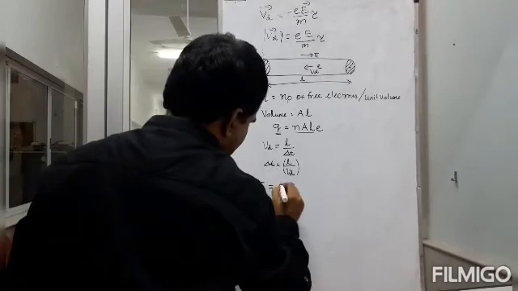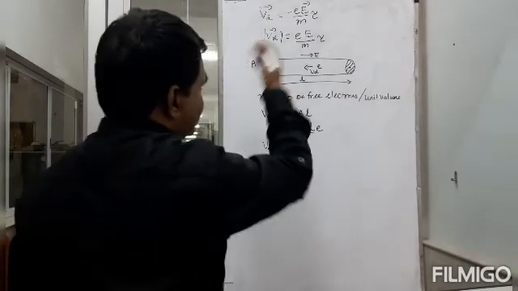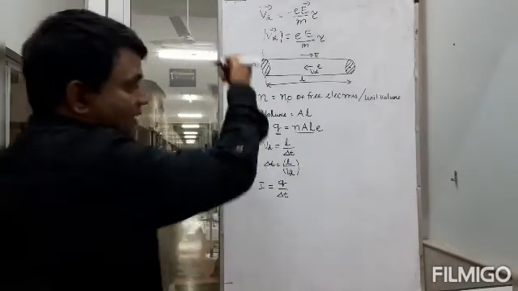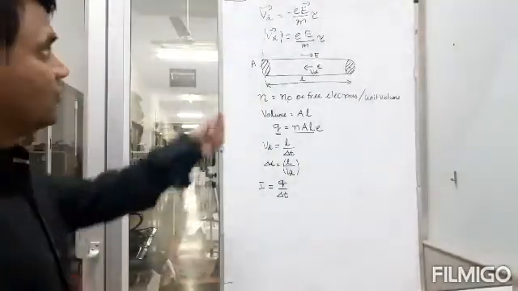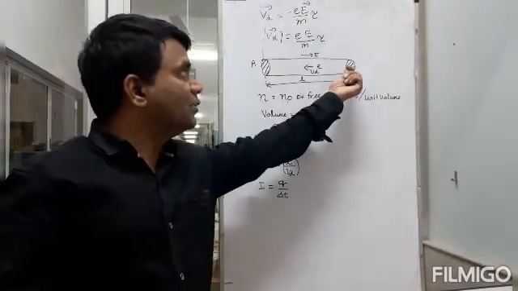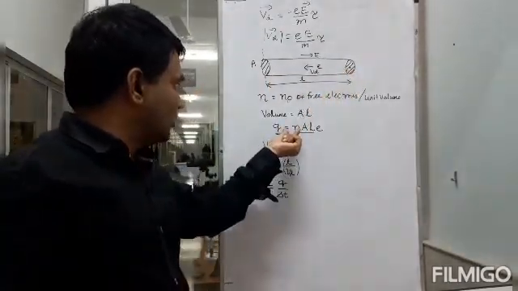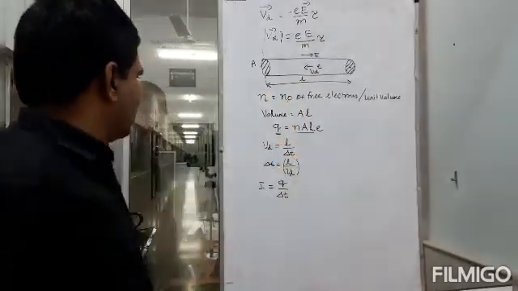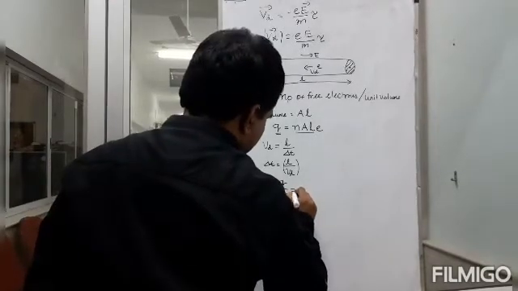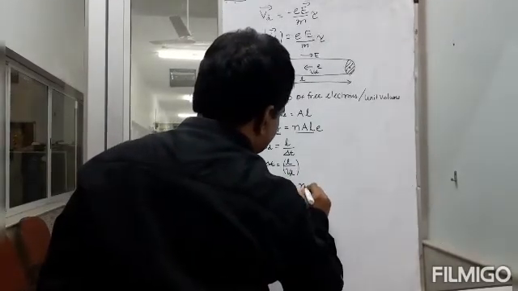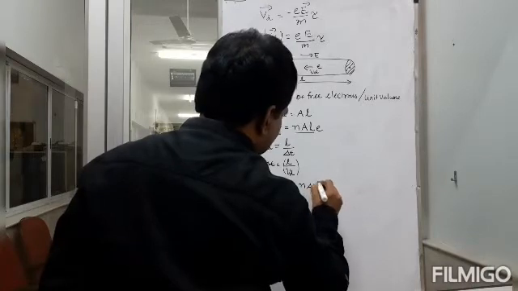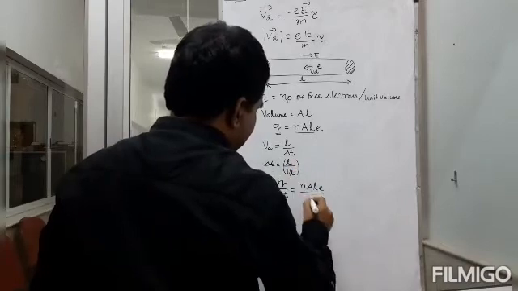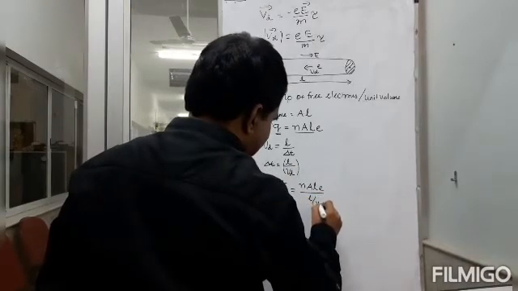The current is equal to Q, or change in Q, by delta t, the time it takes to cross. I started from zero charge, and then I ended with so much charge, so my delta Q is this. That gives me N A L E divided by delta t, which is L by Vd.